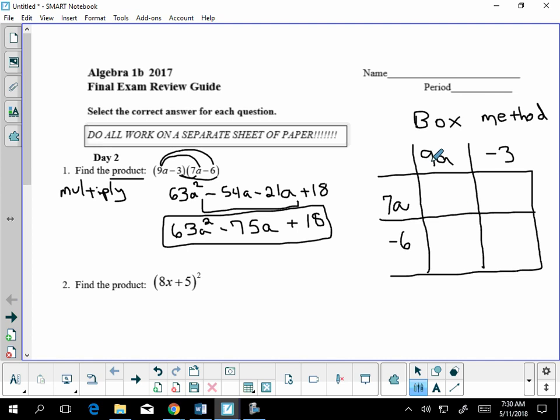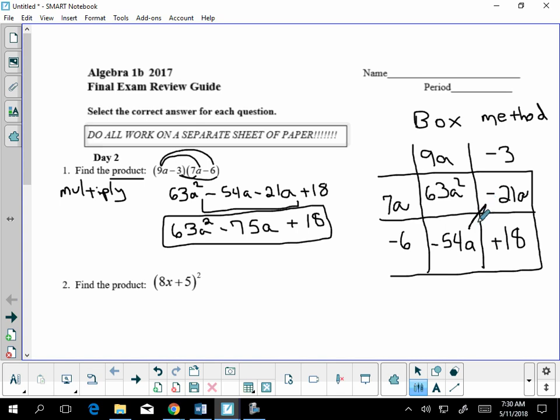All right, so I'm going to take 9a times 7a and get 63a squared. Negative 3 times 7 is negative 21a. 9 times negative 6 is going to give me negative 54a. Negative 6 times negative 3 is positive 18.